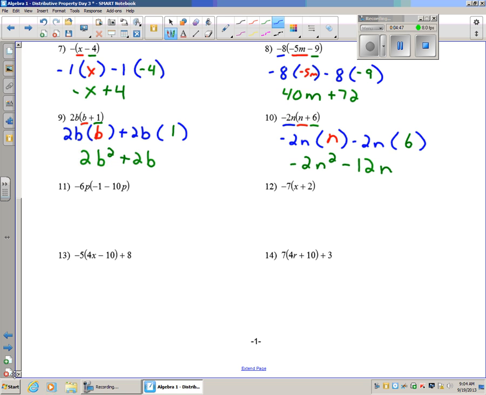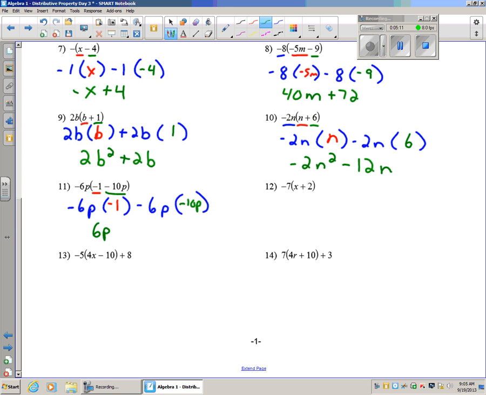Number 11, negative 6p is being distributed to 2 different things. Your first term being negative 1, and your second term being negative 10p. Negative 6p times negative 1 is positive 6p.